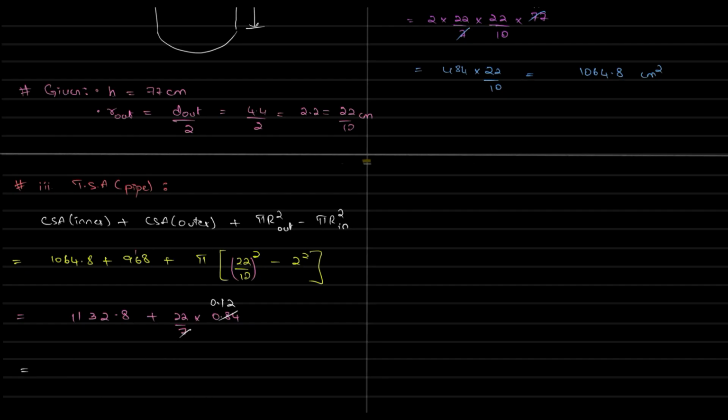It's an easy multiplication, 2.64. And this is 1132.8 plus 2.64, and that's your answer. Oh yeah, sorry, this is what I was missing. There are two of it, the top and the bottom. Remember, there are two of this. So into 2.